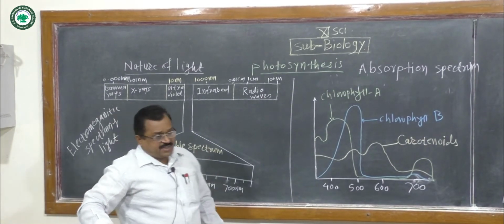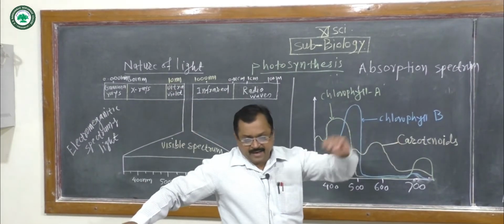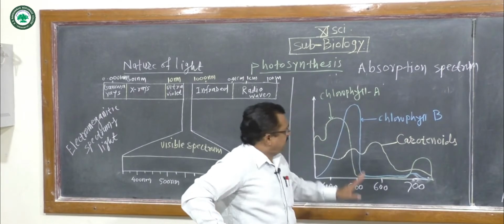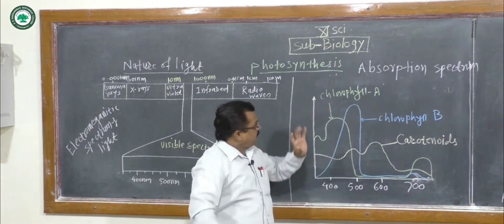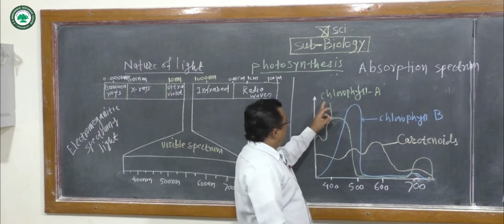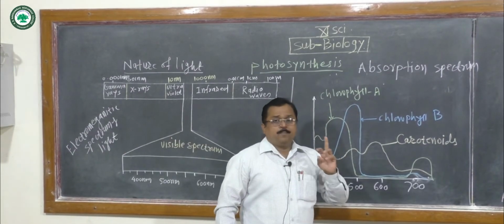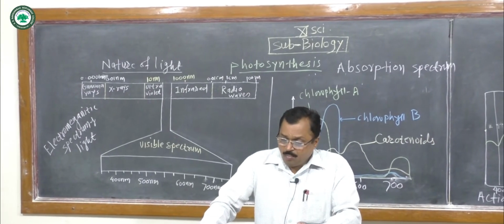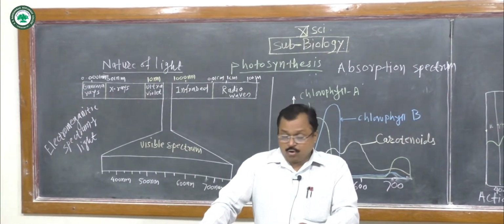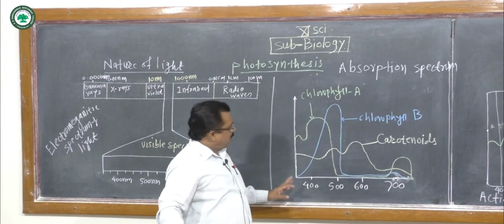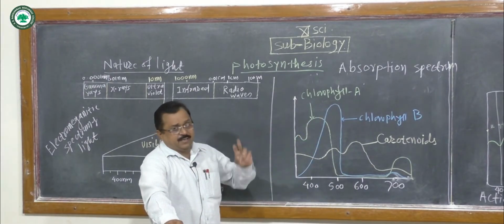Then the absorption spectrum and action spectrum. In the absorption spectrum, light is absorbed by different photosynthetic pigments, chlorophyll pigments, in the form of photons, and the absorbed light is transferred to the reaction center.